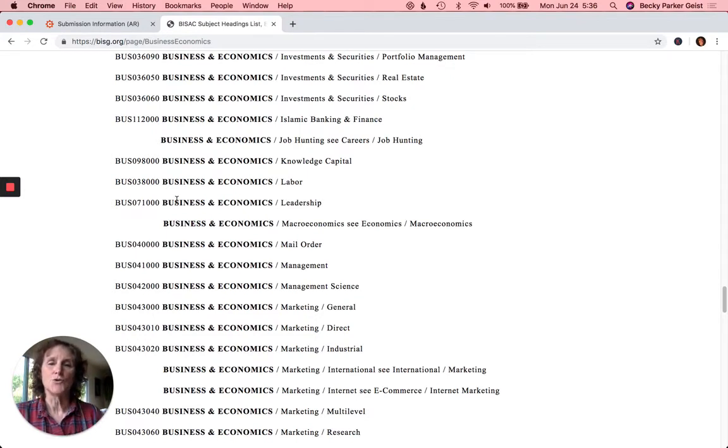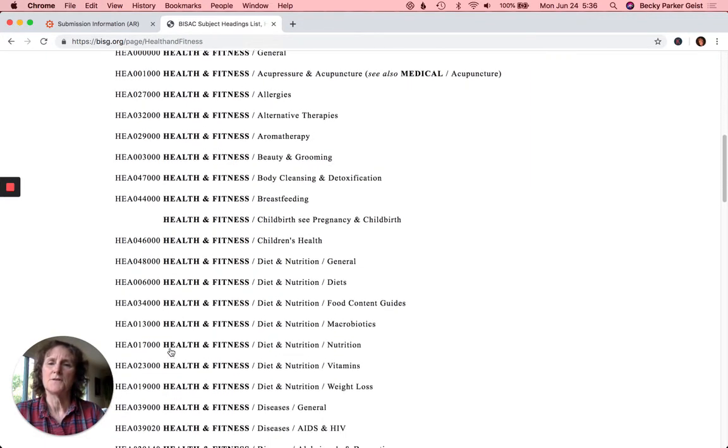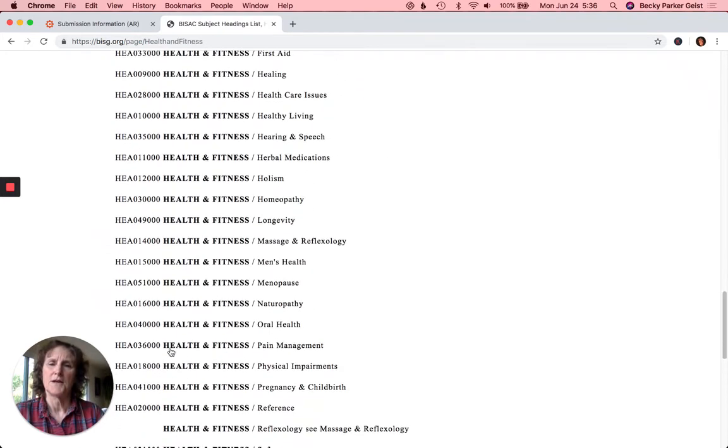And again, look through all the possibilities and really think about, does my book fit this category? And you might even have a section that's relating to, say, meditation or something. I think that fits under health and fitness, possibly, a mind, body, spirit kind of category. Anyway, you get the idea, I think.